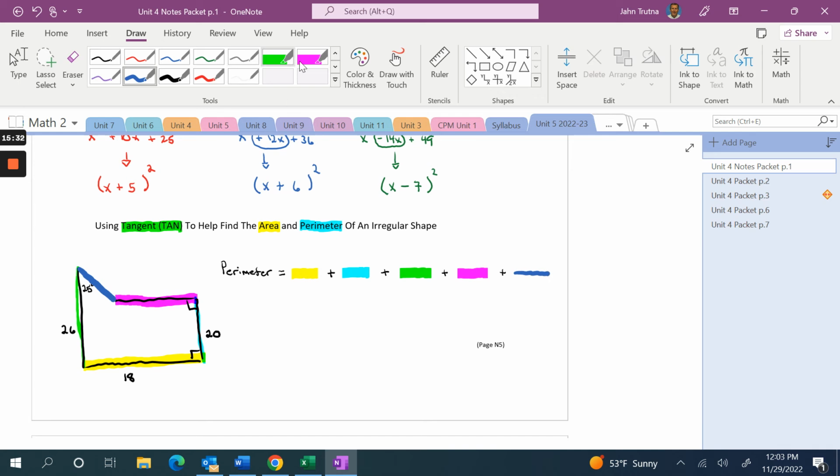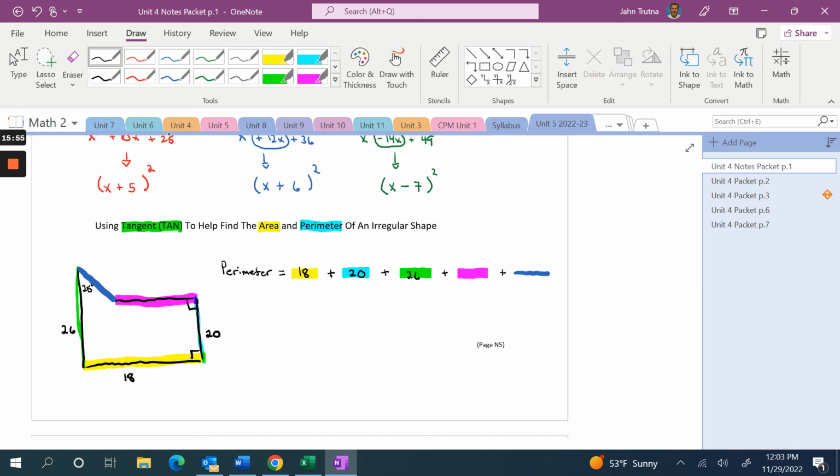Okay? I know the yellow side is 18. The blue side is 20. The green side is 26. I don't know the purple or the dark blue side.